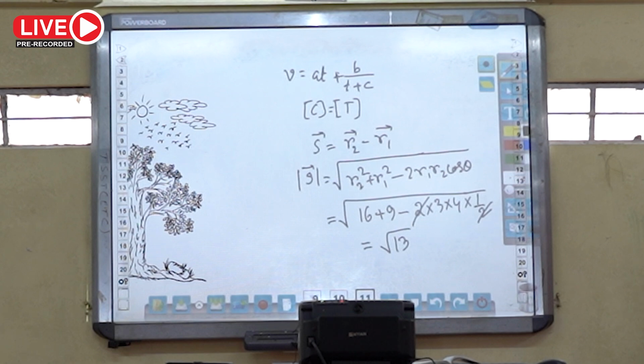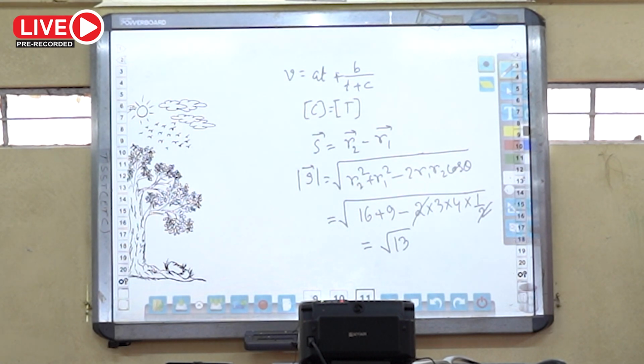First one, moment of inertia of the square plate ABCD of uniform thickness about an axis passing through the center O perpendicular to the plane of the paper is not equal to... It is equal to I1 plus I2 because of the perpendicular axis theorem. It is equal to I3 plus I4 because of the perpendicular axis theorem. It cannot be equal to I1 plus I2 plus I3 plus I4. That is true.